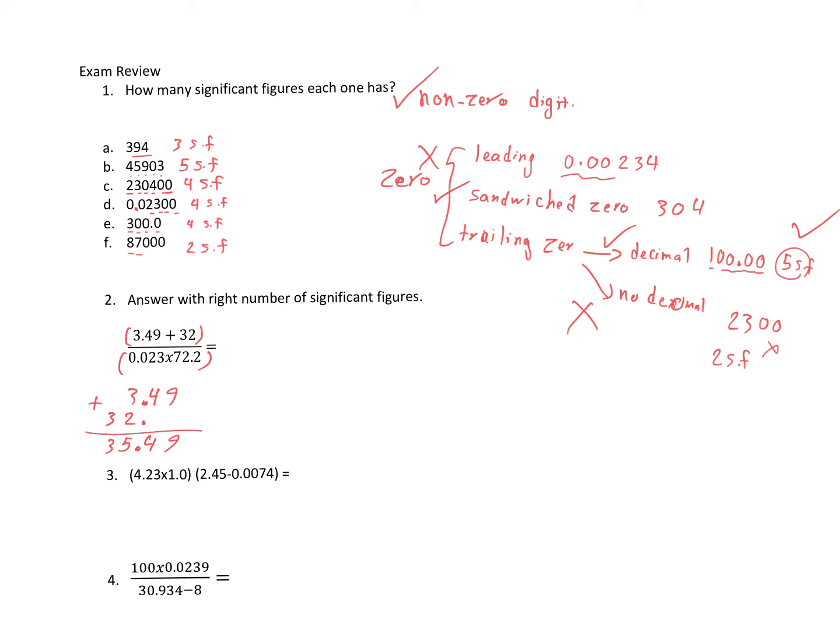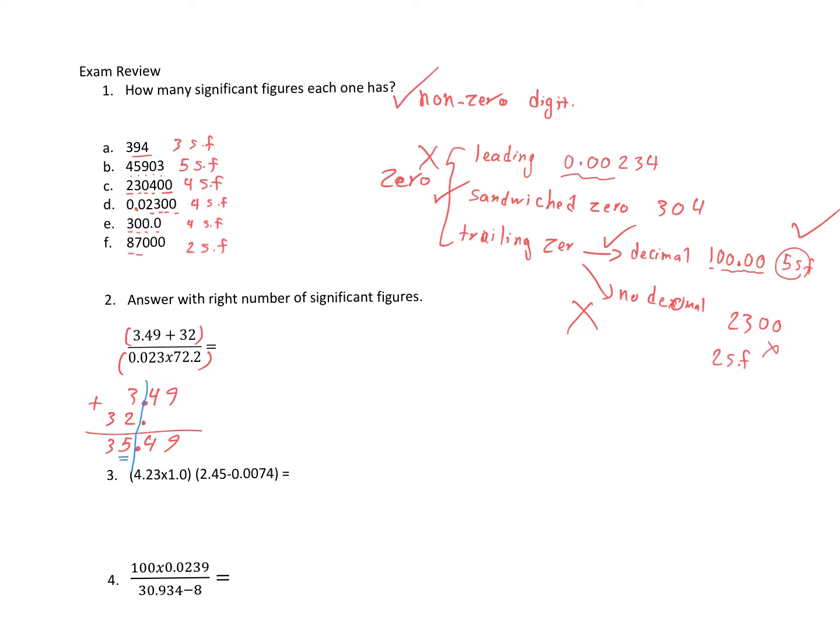So what is the last significant figure? If it's just a single step, we have to round it from here, because addition goes with the smallest number of decimal places. So this one has 0 decimal places, so the final answer should have 0 decimal places. So this is the final significant figure.